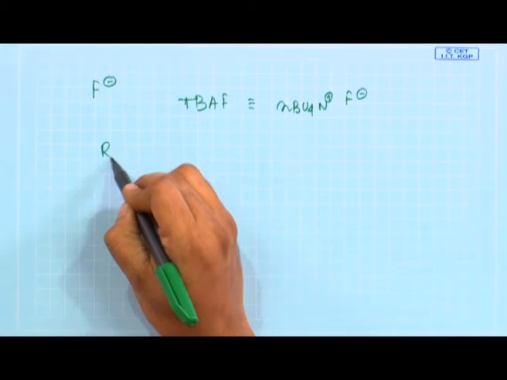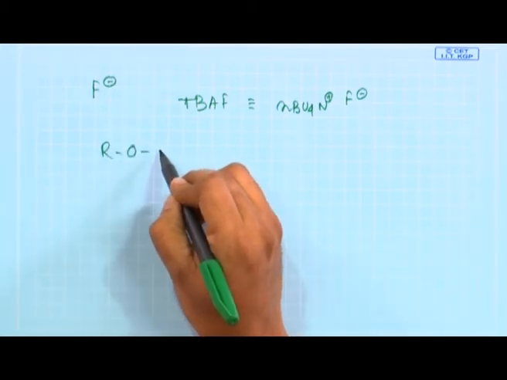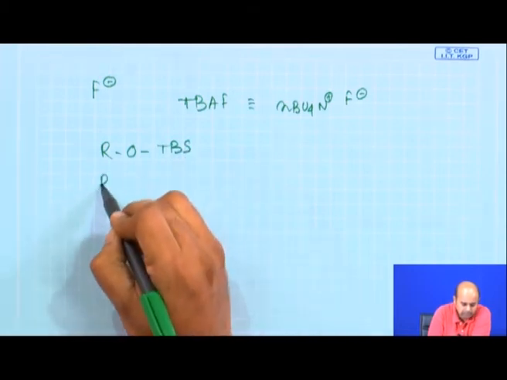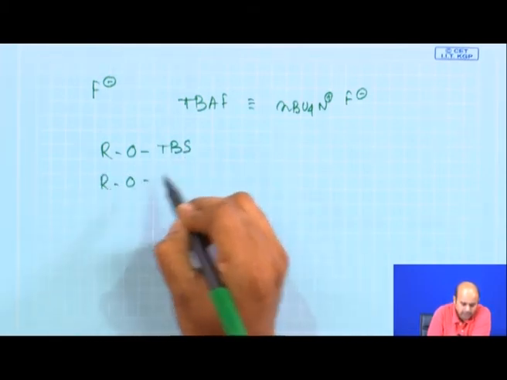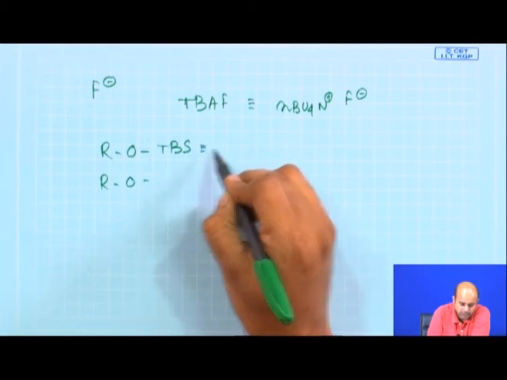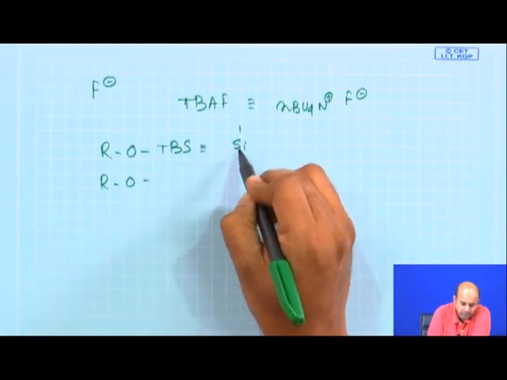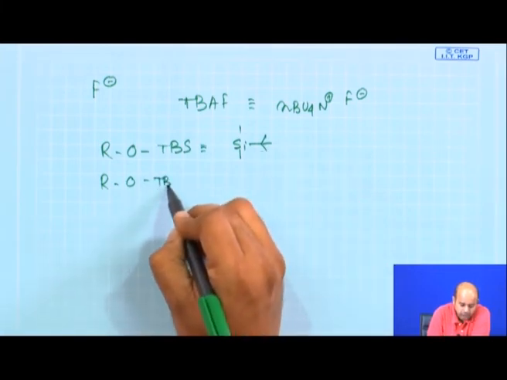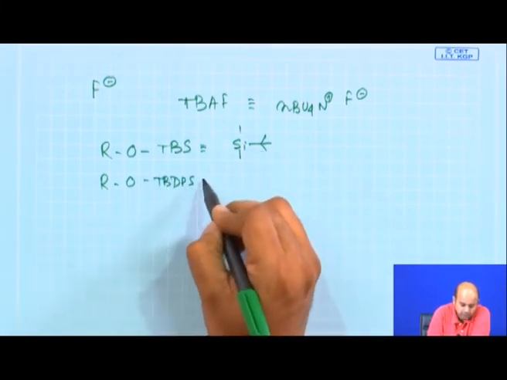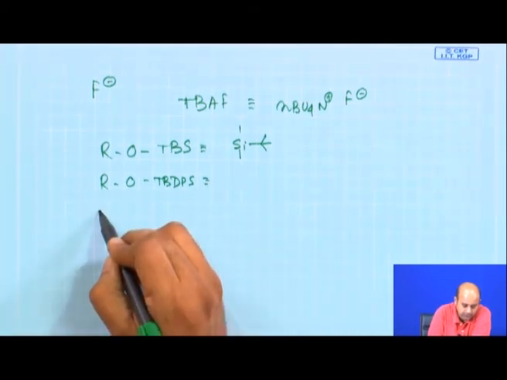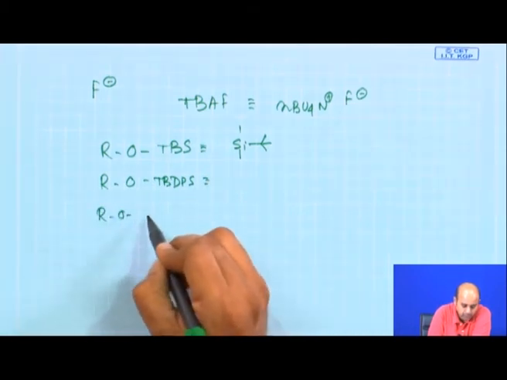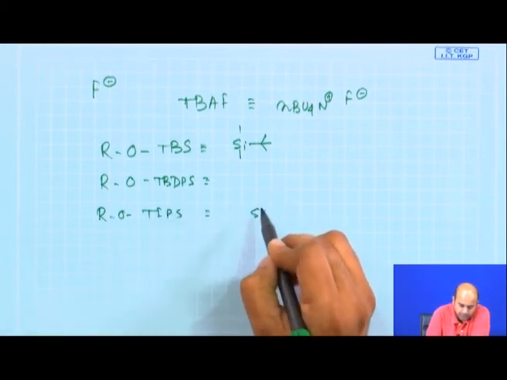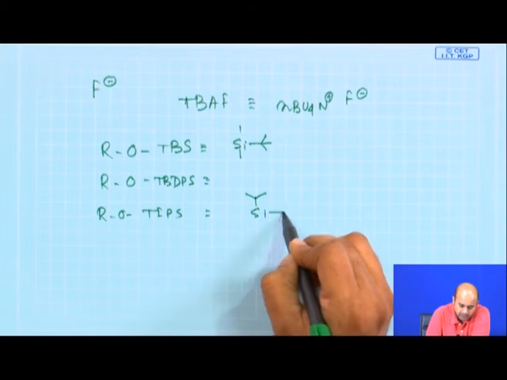Normally all silicon-containing protecting groups are cleaved in this way, say ROTBS. TBS stands for tertiary butyldimethylsilyl, which is silicon with methyl, methyl and this group. Okay. TBDPS, which we just talked about, is a commonly used silicon protecting group. RO-TIPS, TIPS stands for triisopropylsilyl.